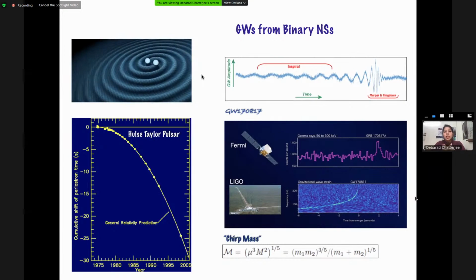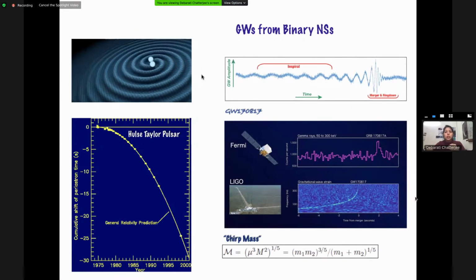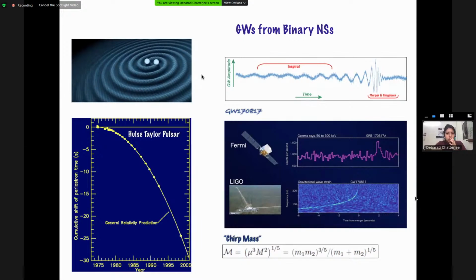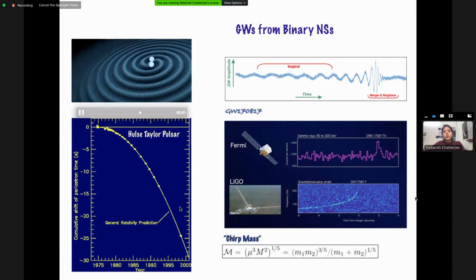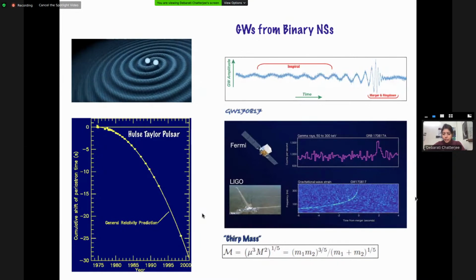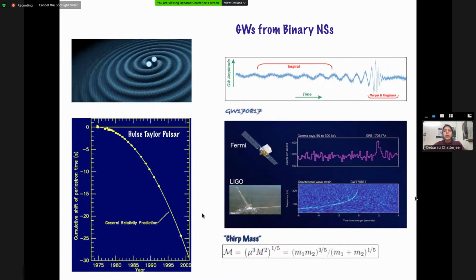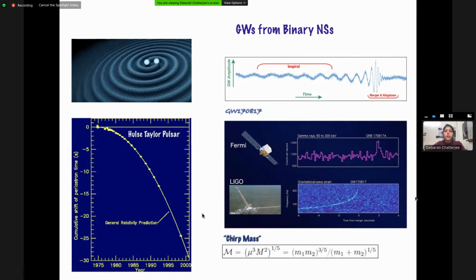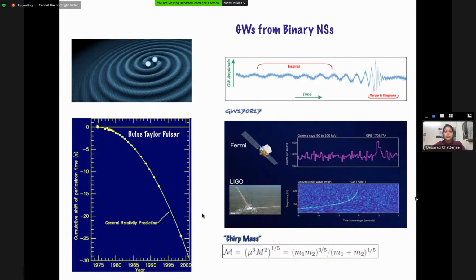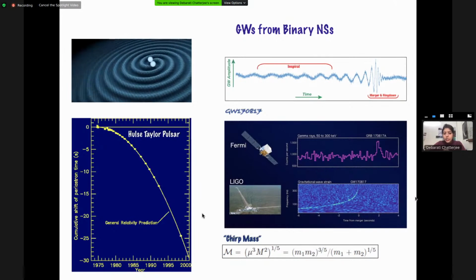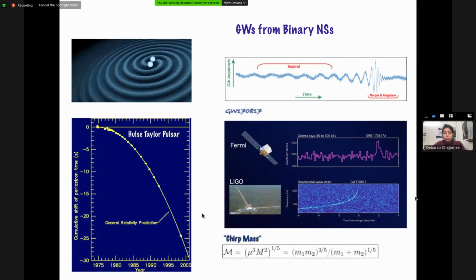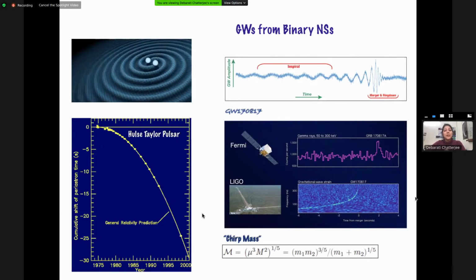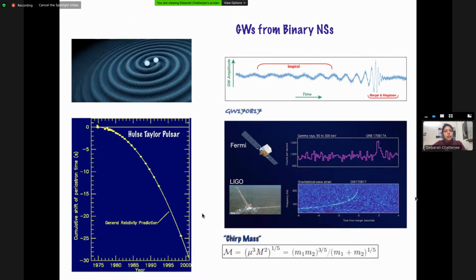This change in the trajectory of the neutron stars was first measured by Hulse and Taylor, and they showed that it exactly follows the prediction by Einstein. So this was the first indirect detection of gravitational waves from neutron stars, which is why they won the Nobel Prize in 1993, was it? I don't remember anymore.